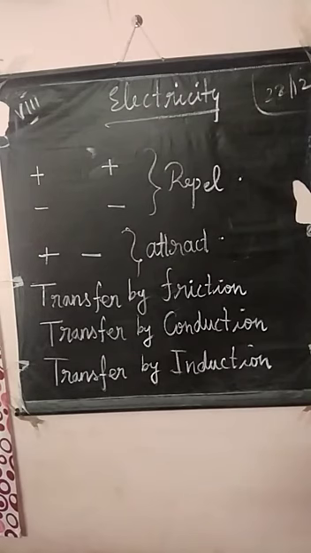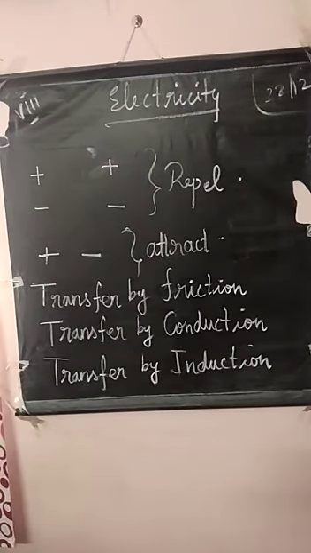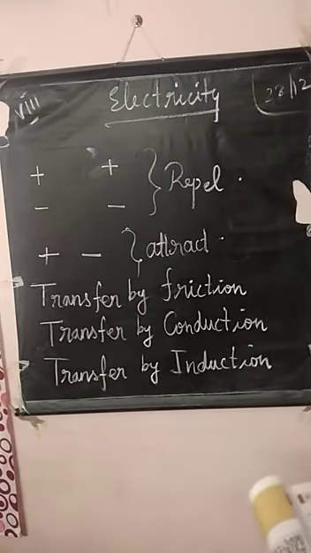So they can be transferred from one substance to another substance. So these electrons revolving around the nucleus are easily transferred from one substance to another substance. So that is said to be transfer of charges.